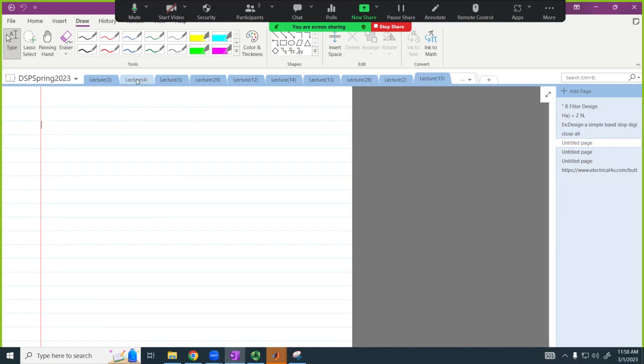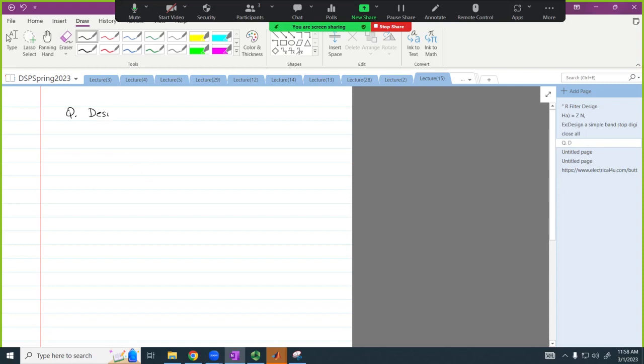Okay, let's do one more example. So everybody did not like the band stop filter, and everybody was suggesting, why don't we just design a notch filter?